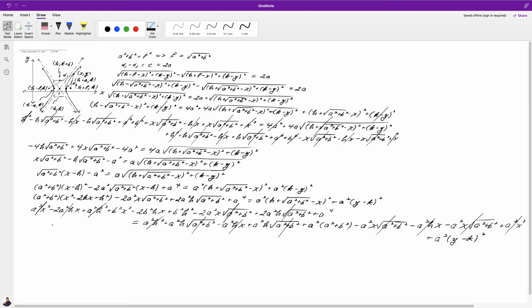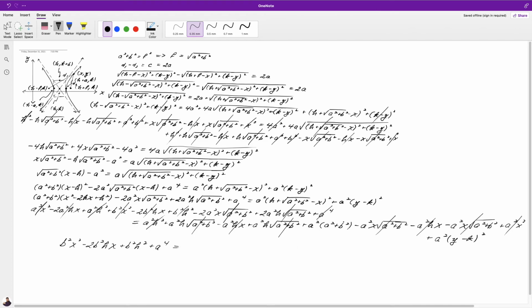It really is. Okay, so the left-hand side is going to become b squared x squared. Let's cancel that out so that we can account for it. Negative 2b squared hx. Let's account for that. B squared h squared. Let's account for that. A to the fourth. Let's account for that. All right, right-hand side.